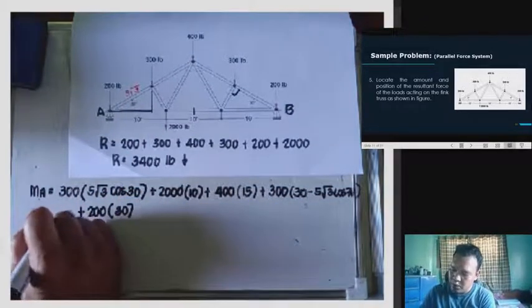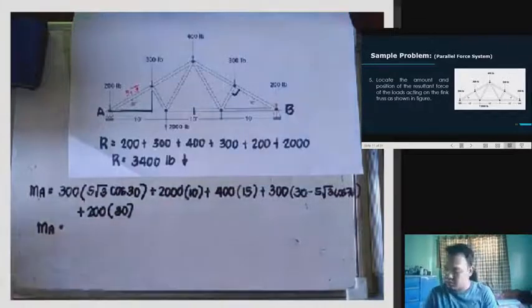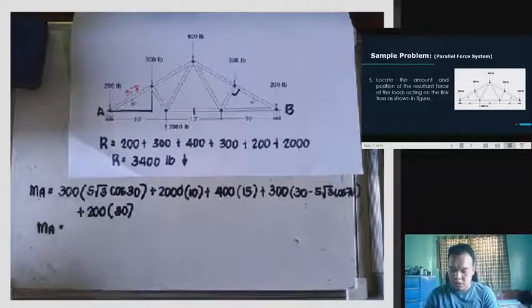So, MA is equivalent to 300 times 5 the square root of 3 cosine 30 plus 2,000 times 10 plus 400 times 15 plus 300 times 30 minus 5 the square root of 3 cosine 30 plus 200 times 30.